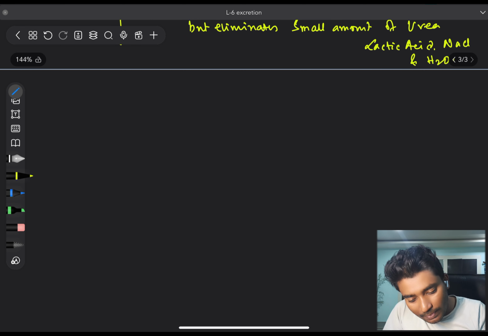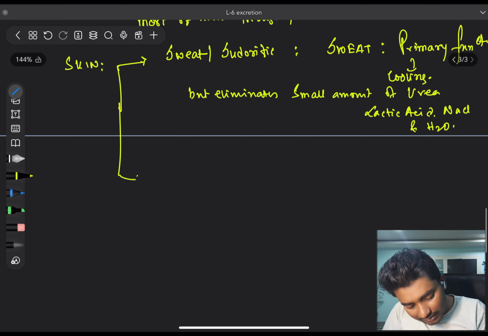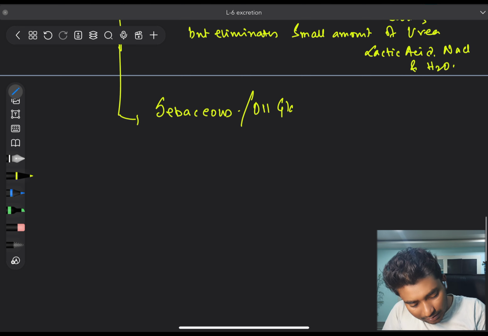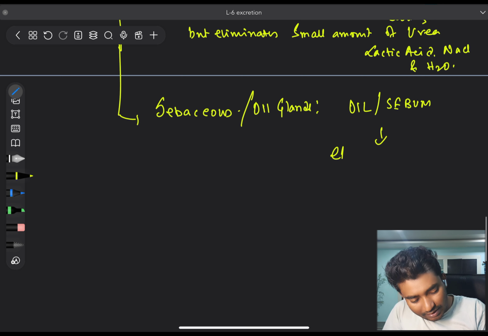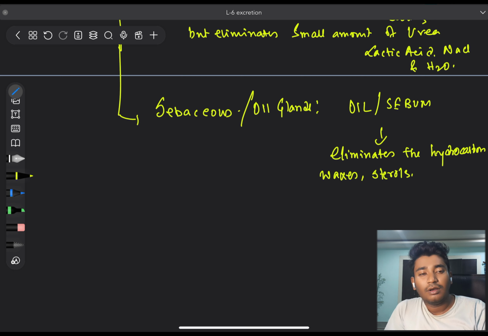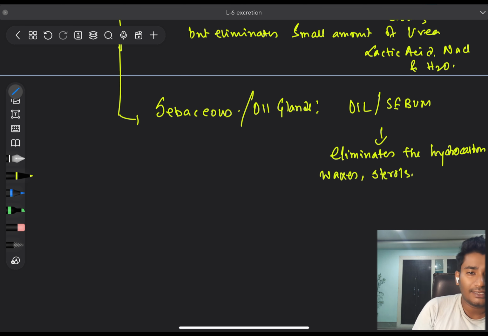And the sebaceous glands, the oil glands, produce sebum. It eliminates hydrocarbons, waxes and sterols.